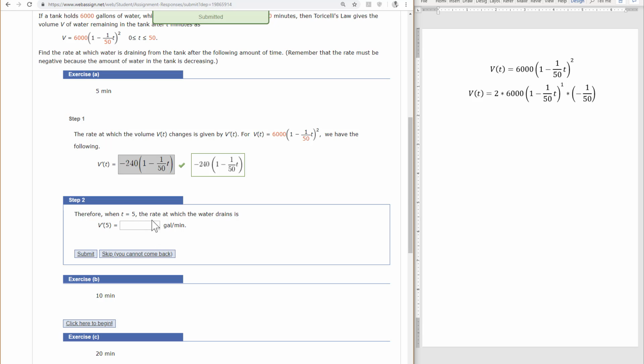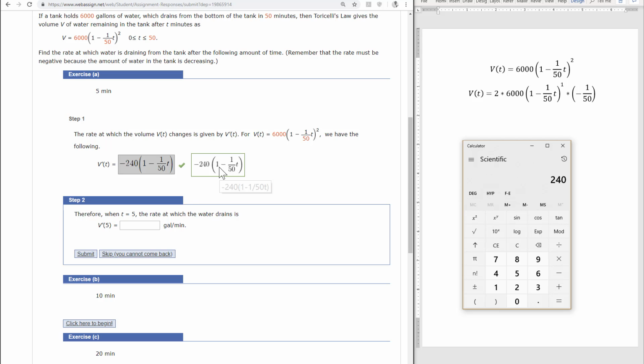Therefore, when t is equal to 5, the rate at which the water is draining, so we want to find the rate of change, I basically want to put 5 in for t in here. We probably should use a calculator for this. I have 1 minus 1 over 50 times 5, so I'll start with 5 divided by 50, and then I'm going to subtract it from 1.